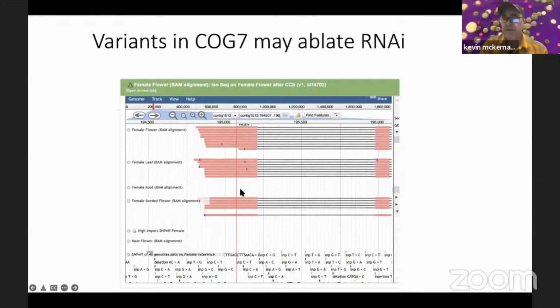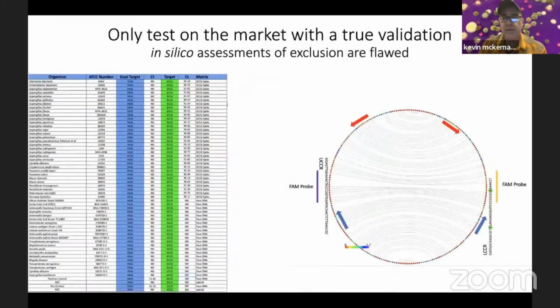We're now expanding that study to all the other genes in that table I showed you, and there are many more cultivars that have some mutations in expansin and a couple of the other genes that may knock down the expression, or may alter the ability of hop latent viroid to wreak havoc inside those plants. So we're trying to label all the plants we have in that database. There are over 1,700 in there, to annotate which ones are great ones for breeding to perhaps get around the RNA interference that this thing performs.